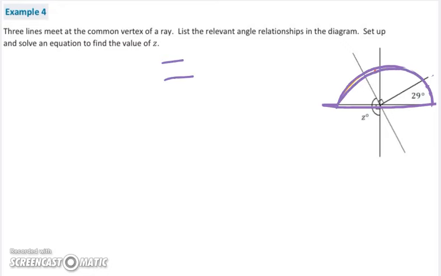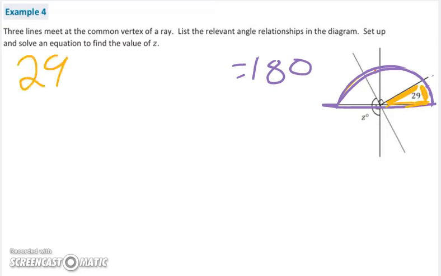And let's, well, straight angles we said are equal to 180. I'll make that a little bit clearer. That's sloppiness, Mr. Lovers. 180 equals. Well, let's now start filling in the chunks on that semicircle. Well, we have the 29. That's this guy. Then we know what this chunk is.